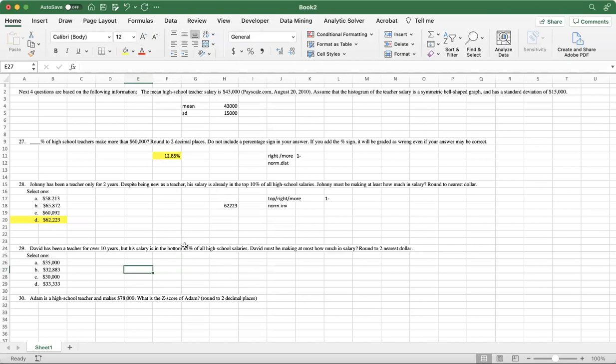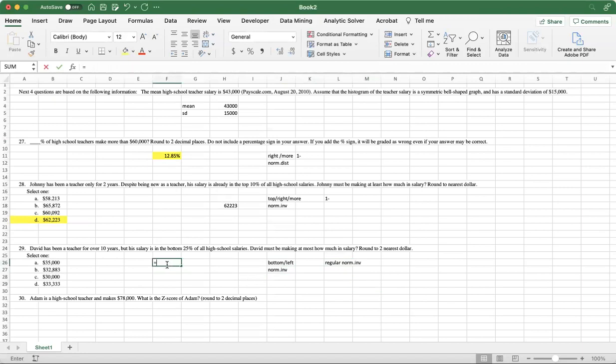Whenever we're given a percentage and we're looking for an X value, we're going to use norm.inverse. So I'm just going to put norm.inverse, and since we have bottom, which is the same as left, I'm just going to say regular norm.inverse. So you don't have to do the 1 minus. That's what I mean here.